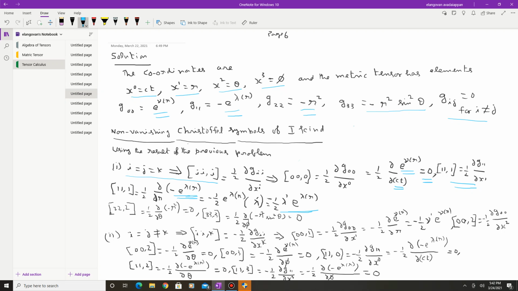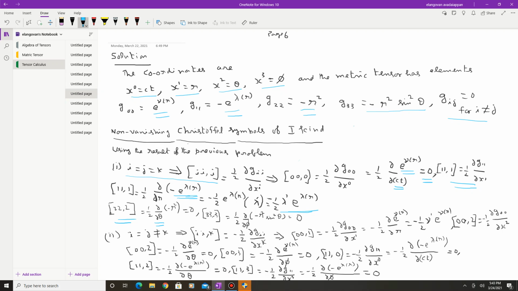Now [2 2, 2]: put all identical indices, i equal to j equal to k equal to 2. According to the definition, here d by d theta, but what is g22? g22 is minus r squared.